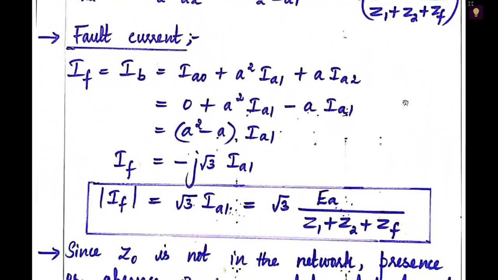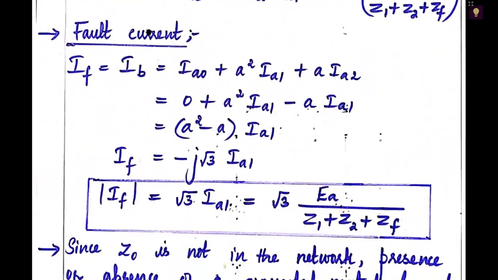The next step is to get the expression for the fault current. From the circuit diagram, we have seen that the fault current IF is equal to IB. From the matrix form for the current phasors in terms of the symmetrical components, when you expand the second row you will get only IB. IB is equal to IA0 plus A square IA1 plus A IA2.